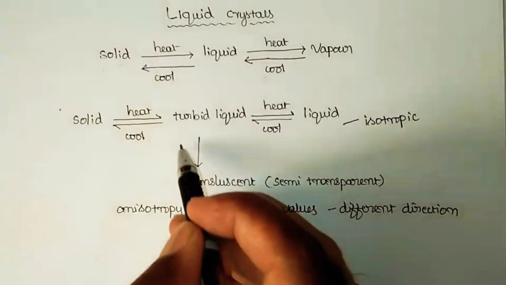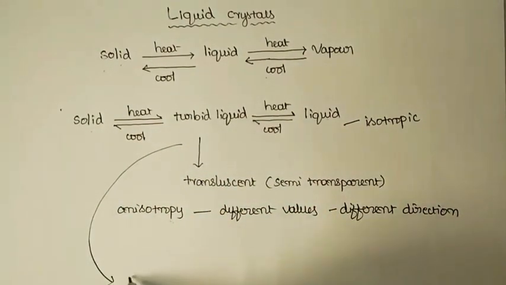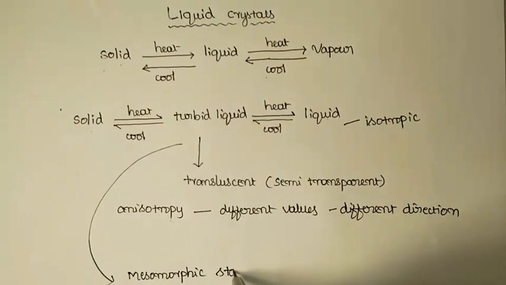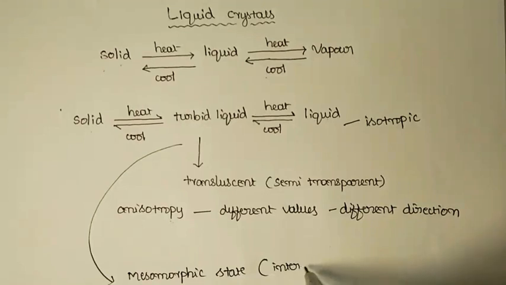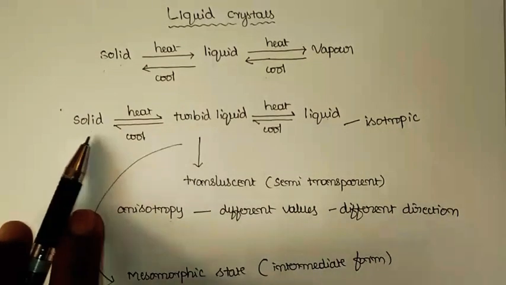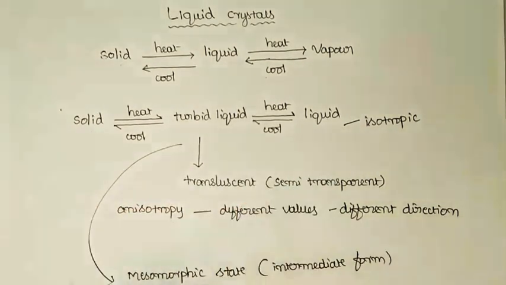Such an intermediate state is simply called the mesomorphic state. Mesomorphic is a Greek word, in the sense that it is the intermediate form between a pure crystalline solid and a true liquid.